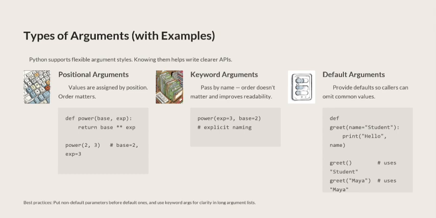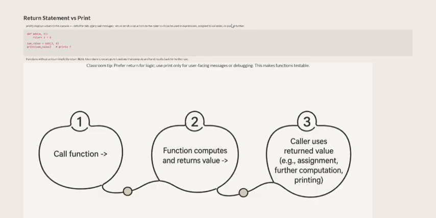Now let's understand another very important concept, the difference between print and return. Many beginners think both are the same because both can show values, but they are completely different.